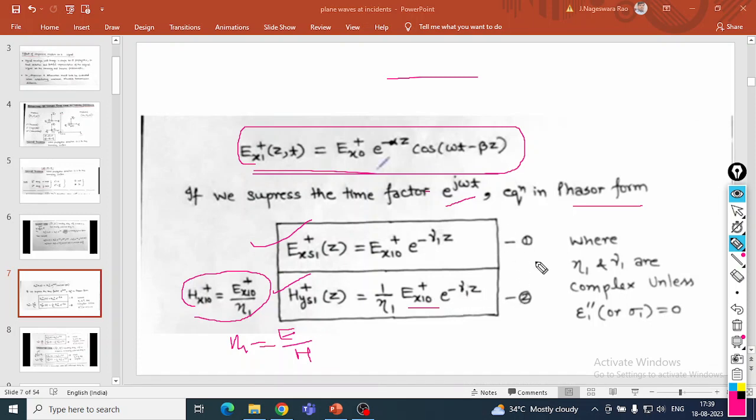These are the two equations we have. Here, eta 1 and gamma 1 are complex unless sigma 1 equals 0. This is the way we can represent the different waves from different reflections at normal incidence. Shall we continue in the next class?